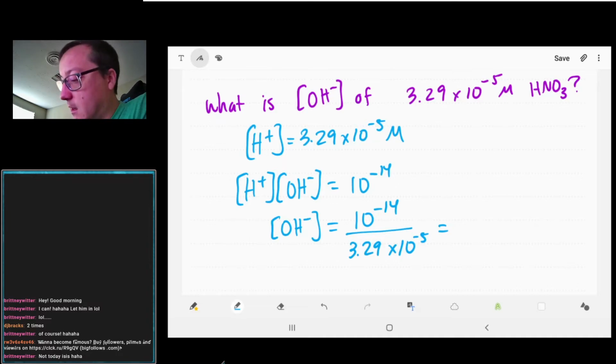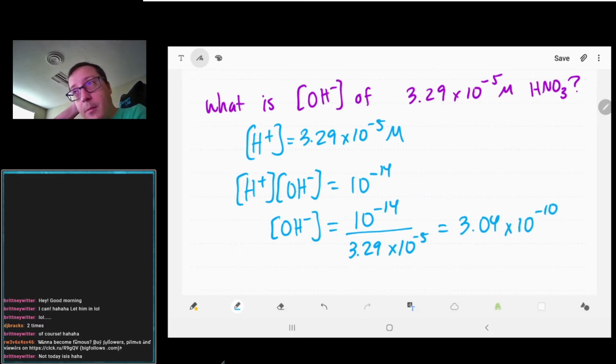Doing this, we get 3.04 times 10 to the negative 10. So this is how you can do this.